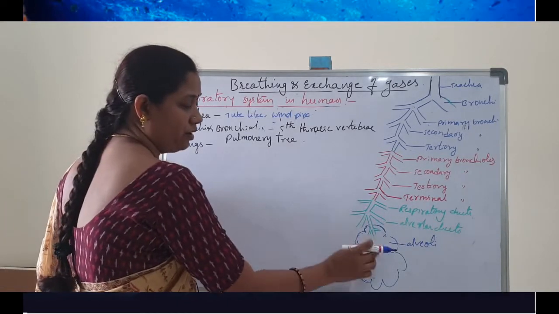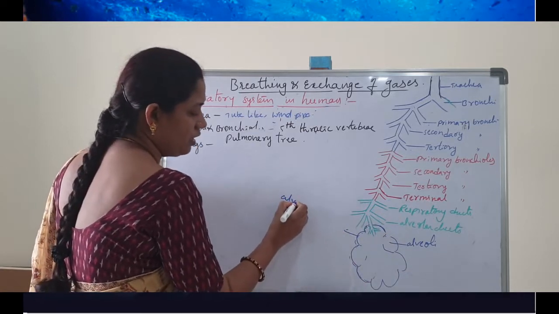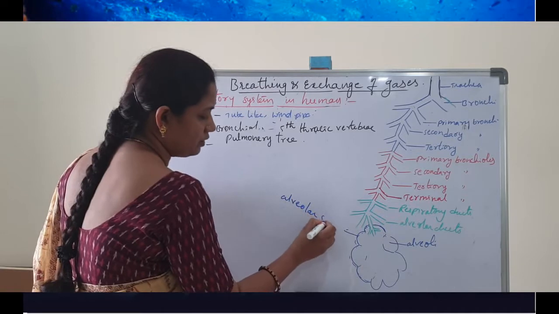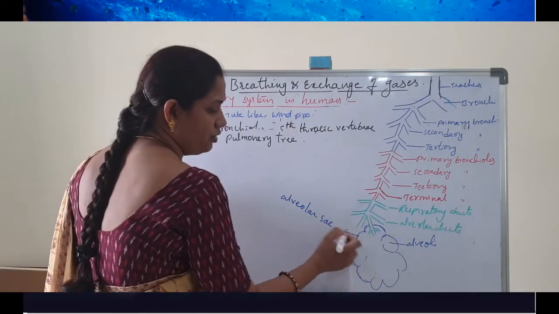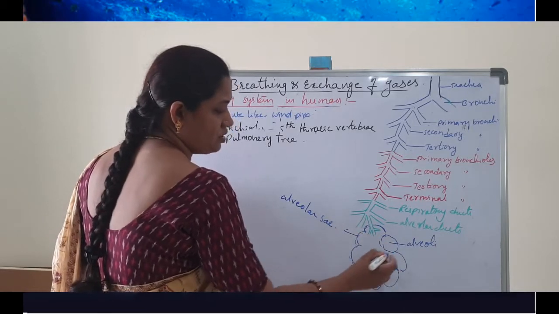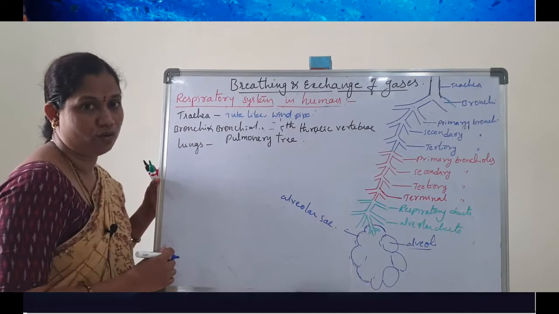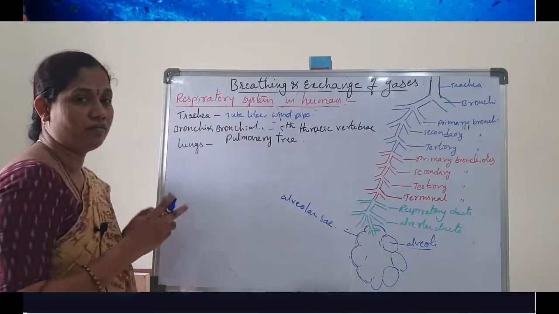These alveolar ducts open into a sac-like structure called the alveolar sac, and the small sacs within it are called alveoli.